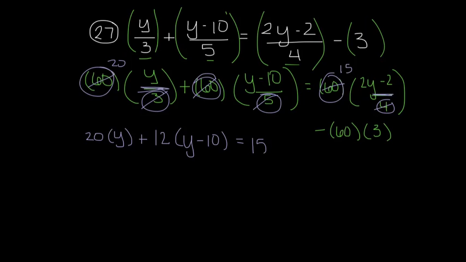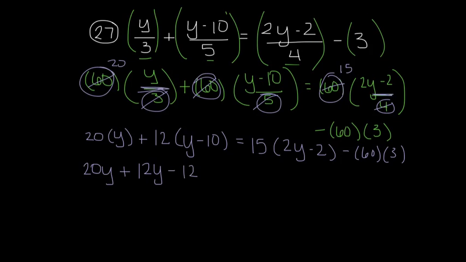So I have 15 times that quantity 2y minus 2 minus the 60 times 3. If I multiply these out, 20 times y just gives me 20y plus distribute the 12, I get 12y minus 120 equals distribute the 15, 30y minus 30 minus 60 times 3 is 180.